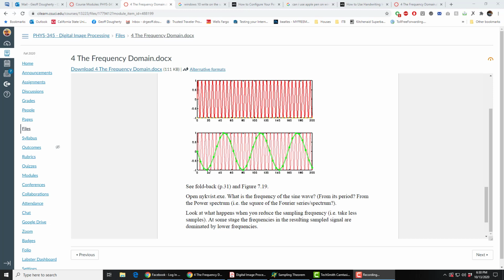Say we take samples like here and here and here and here and here and here. If we take those samples and then try to make up a signal, or in our case an image, from those samples, we won't get the original signal, we'll get a lower frequency signal. This is an aliased signal.